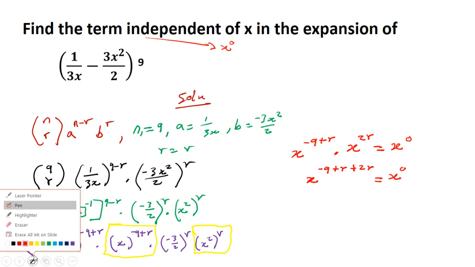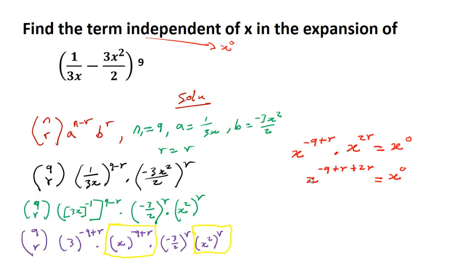Remember, same bases, they always cancel each other. So that one and that one will go. So you have negative 9 plus 3r, because r plus 2r is just simply equal to 3r, is equal to 0. So when this guy goes to the other side, you're going to have 3r is simply equal to 9. When you divide throughout by 3, it's going to be r is equal to 3. So now we have found the value of r.